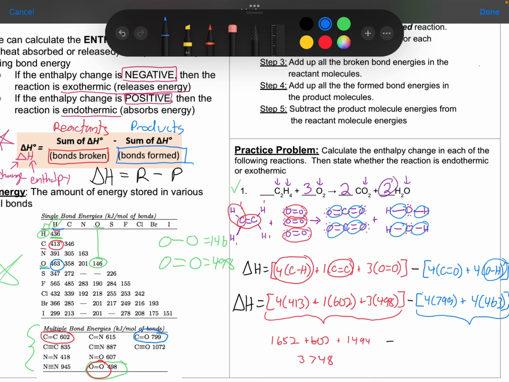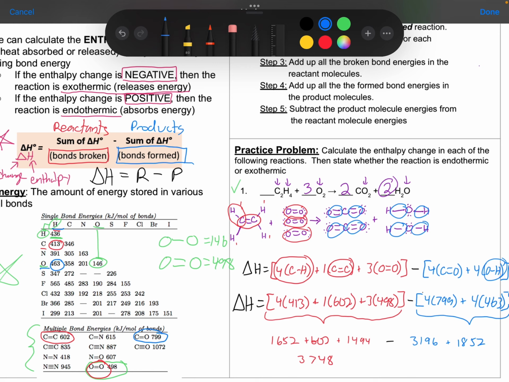I have 4 of those 799s, and that's going to give me 3196. And I have 4 of the 463s, which is going to give me 1852.